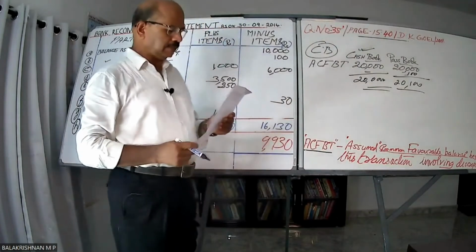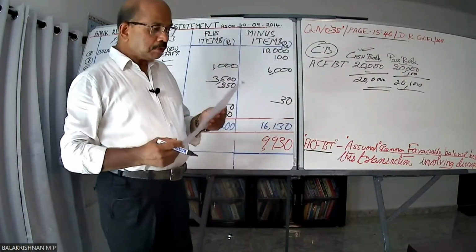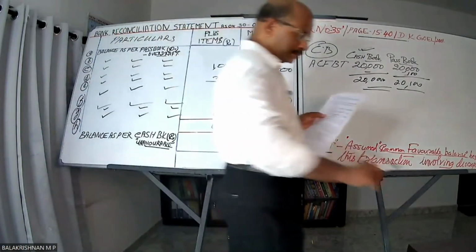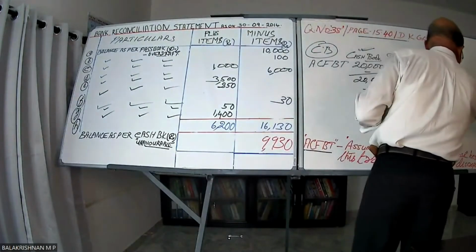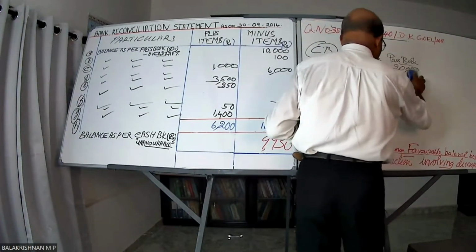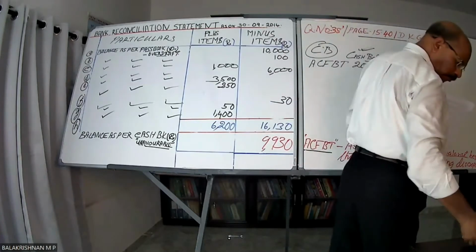Next, a check received and recorded in the cash book, but not sent to bank for collection, rupees 1,000. Let us do that also like this only. Let our ACFBT be the same throughout the sum.